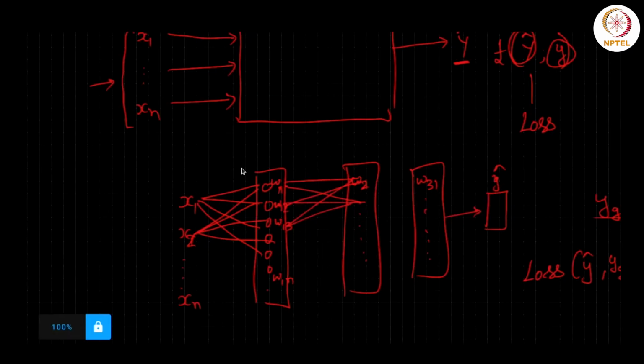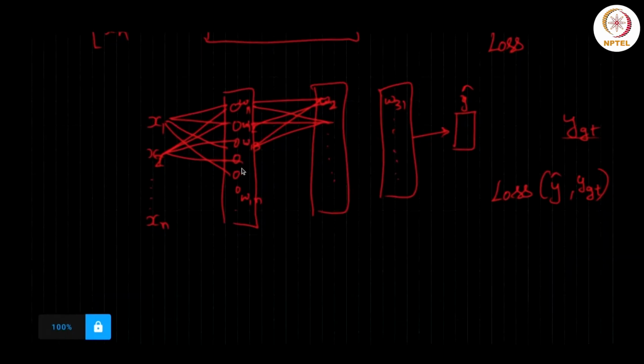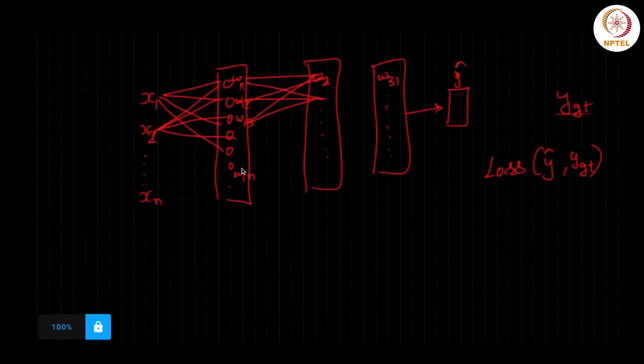So when we start out, let's say you're just starting the training of this particular neural network. What are the values of these weights? X's are given, right? And the model has to predict some y hat. So when you start out, all these weights that are there in these layers, let's say these are layers.